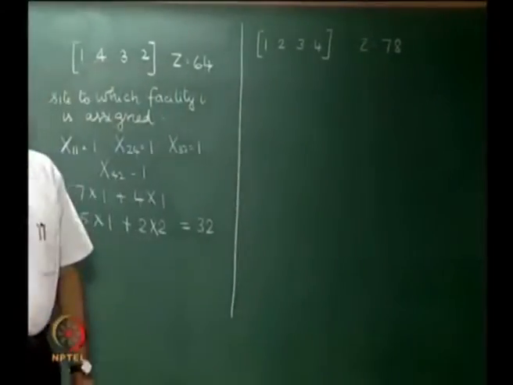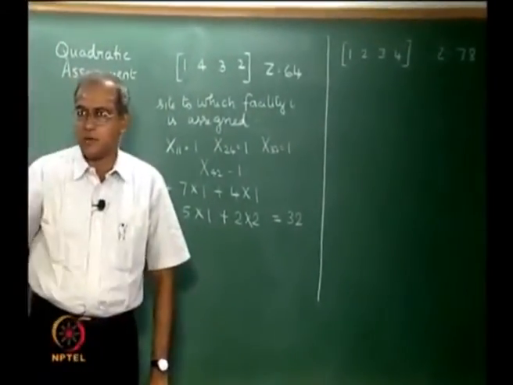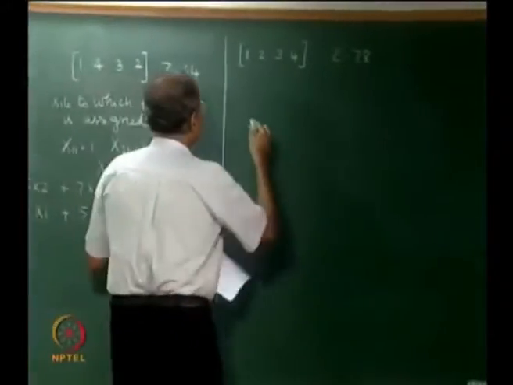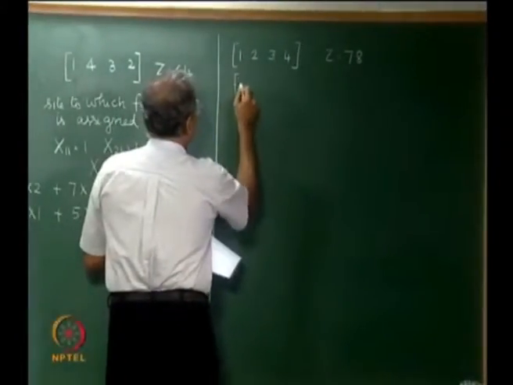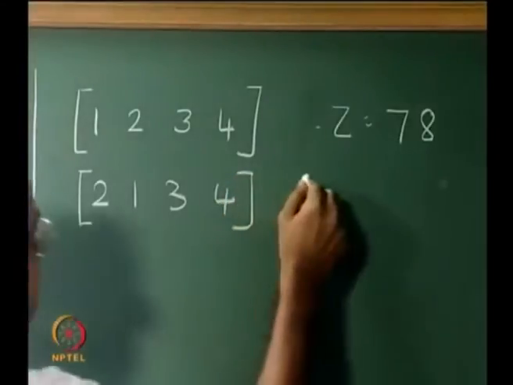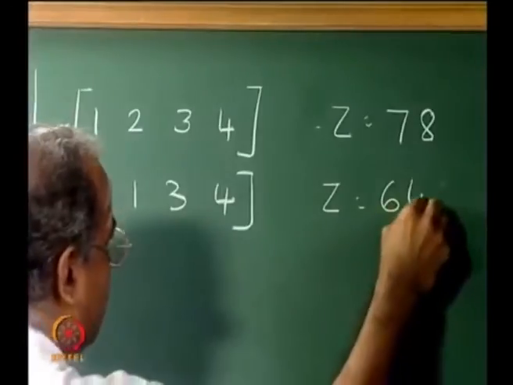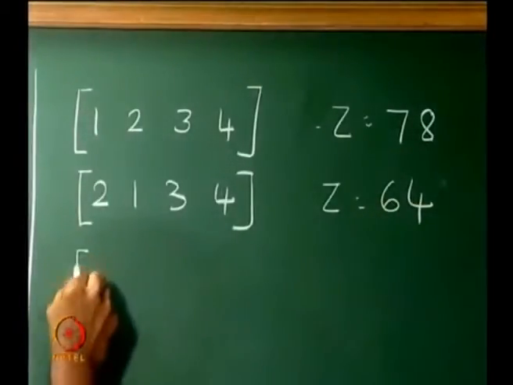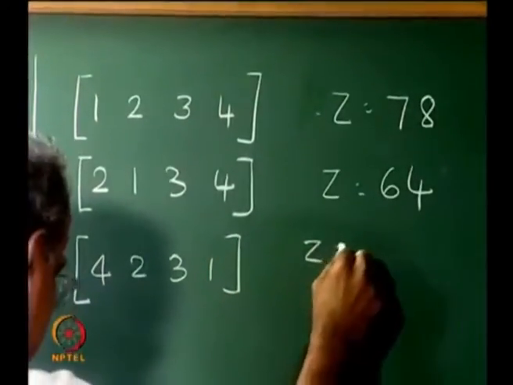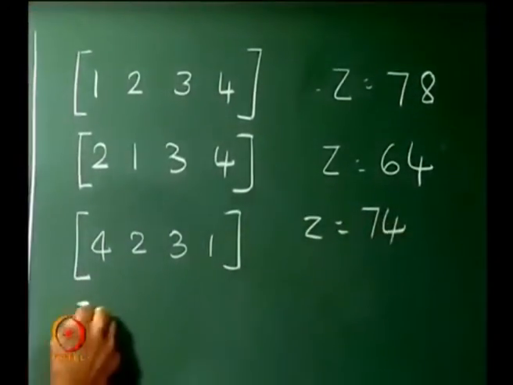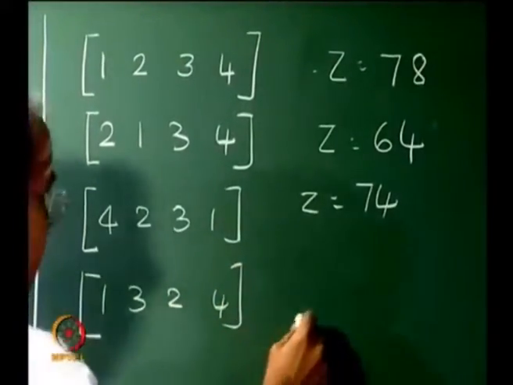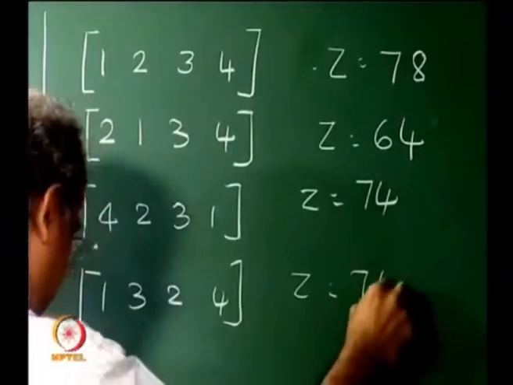Now, we could follow some kind of a pairwise exchange heuristic, where we exchange 2 at a time to get a series of solutions. So, we could start with 2, 1, 3, 4, and on computation we get z equal to 64. We could do 4, 2, 3, 1, which has z equal to 74. We could have 1, 3, 2, 4 with z equal to 74.